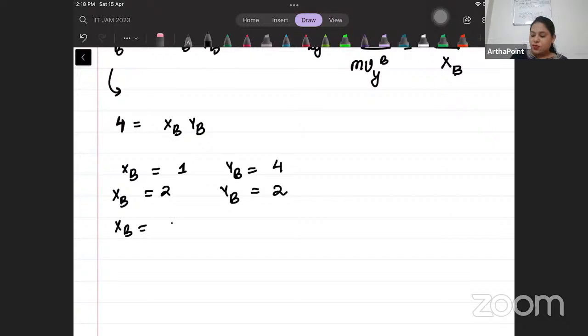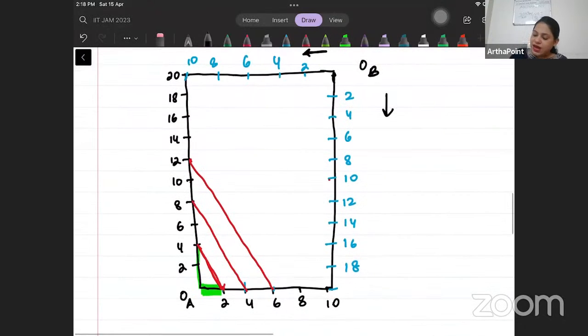If X is 4, then 4 into 1 is 4. So which means that if I were to plot the points 2, 2 and 4, 1, this point, half of this, and 4, 1, excuse me, sorry, this point, right?